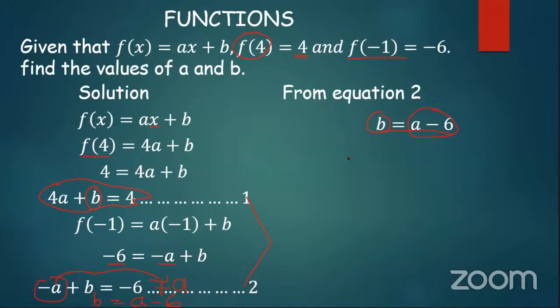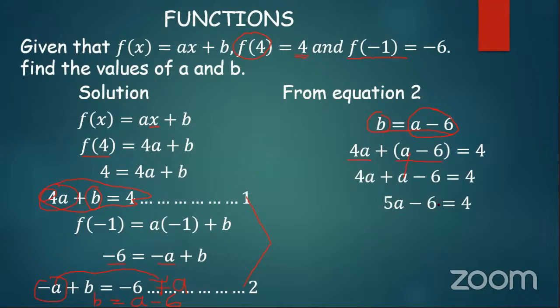So that is going to give us 4a, which was here. So where there is b, we substitute there a minus 6 and equate it to 4. So when we open brackets, we shall have 4a plus a minus 6 is equal to 4. So 4a plus a gives us 5a minus 6 is equal to 4. Then we transfer the 6 to the right hand side and it becomes positive.